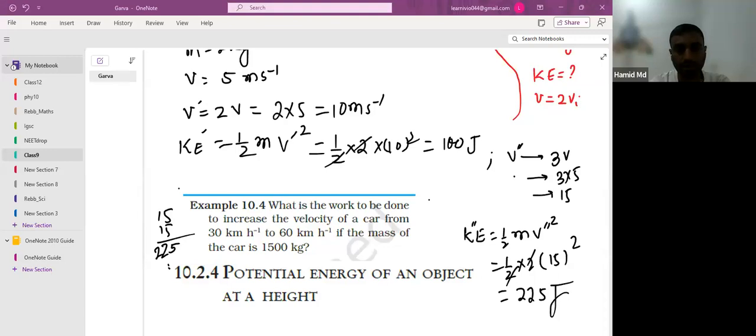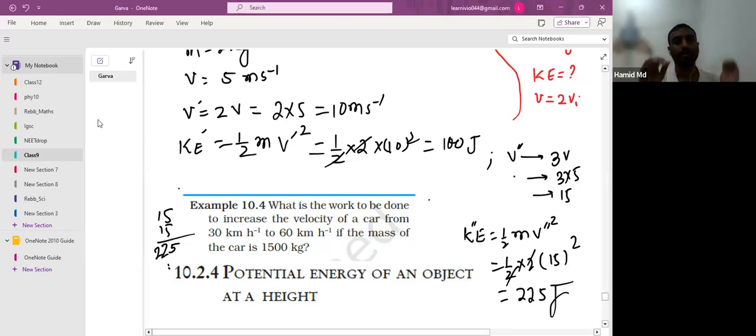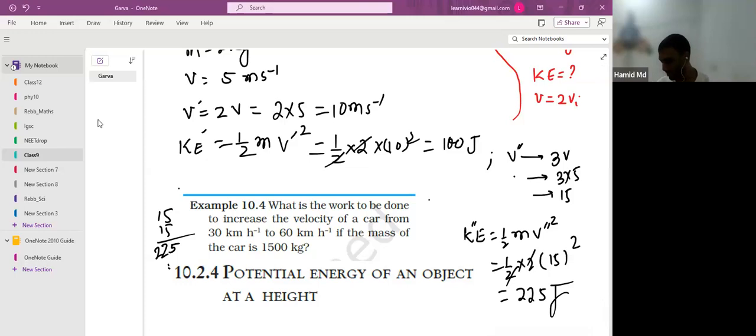Okay, so I think we didn't study for a long time, that's why you might miss. But in the next class, you should be knowing all the definitions, all the concepts. Oh, no. Are you able to do the example number 10.4?